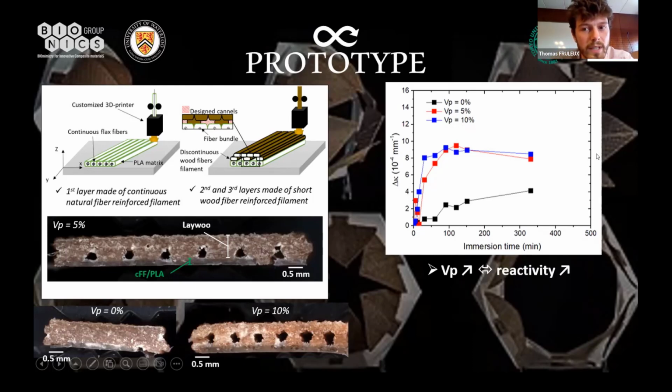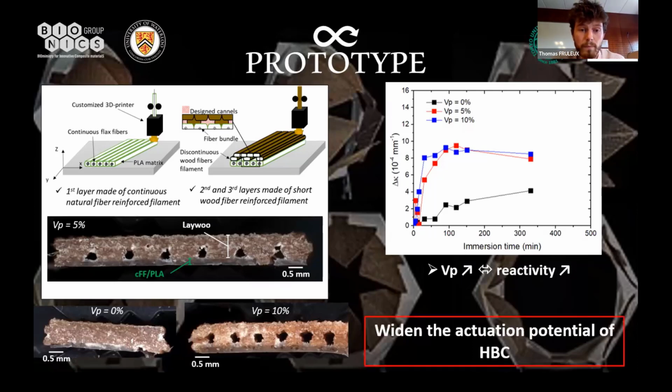And that's something very interesting if we want, for example, to complexify the response by imagining hygromorph biocomposites with sequential responses. So this is why using porosity might widen the actuation potential of hygromorph biocomposites. And that would be a great conclusion for us if we can confirm this trend once more.